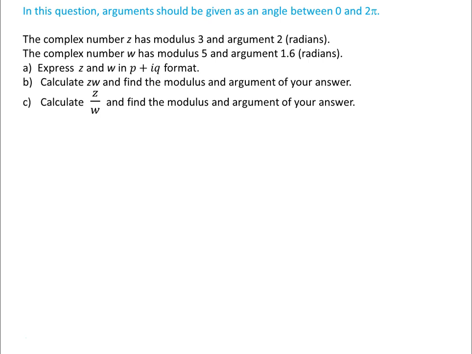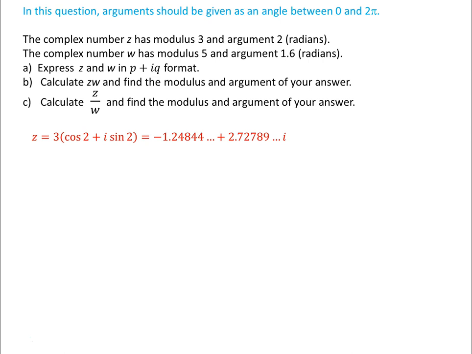Now remember that if a complex number has modulus r and argument theta, then that means that z is equal to r times cos theta plus i sin theta. So we can say that z must be 3, that's the modulus of z, times cos 2 plus i sin 2, because 2 is the argument of z.